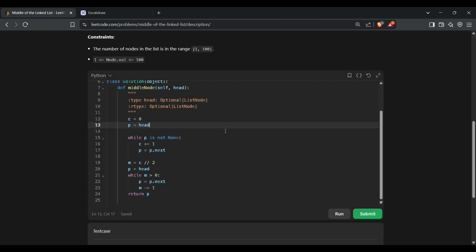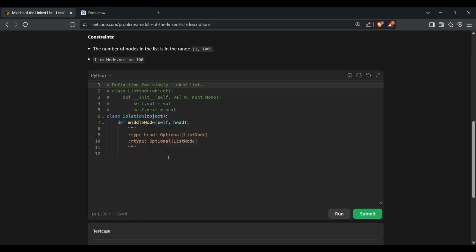So to code it, let me reset this code. The formal name for these pointers are slow pointer and fast pointer. Therefore, we point slow at the head first, as both of them are starting from the same position, the head position.